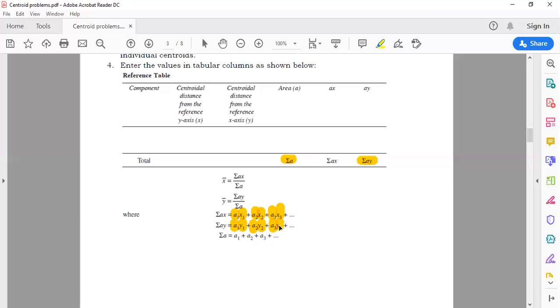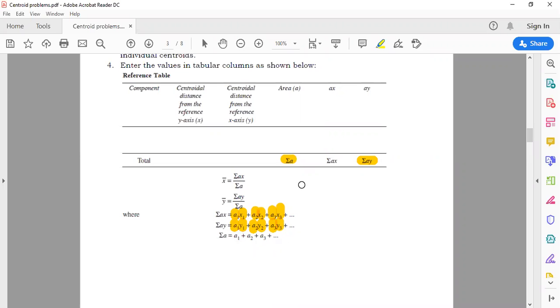And finally, sigma A is the summation of all the areas. Now this A1, A2, A3 are the divided portions of the section given to you. So we are supposed to divide the section into common geometrical figures and form this table.